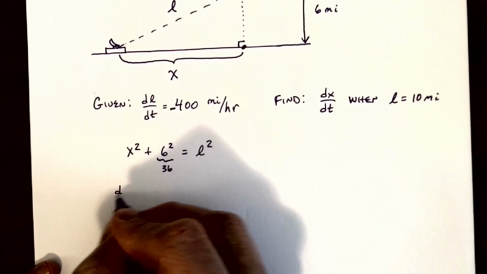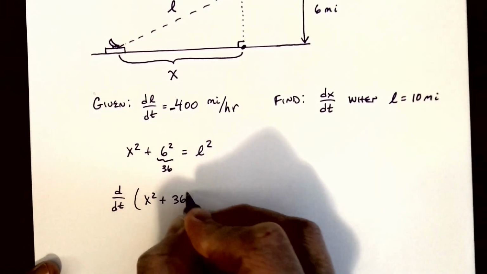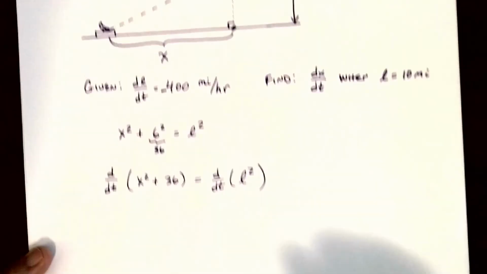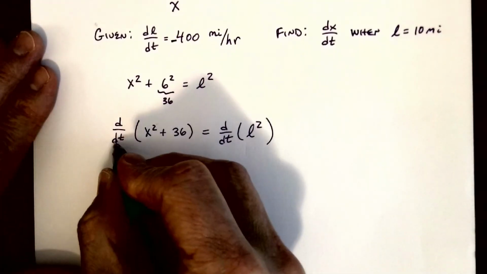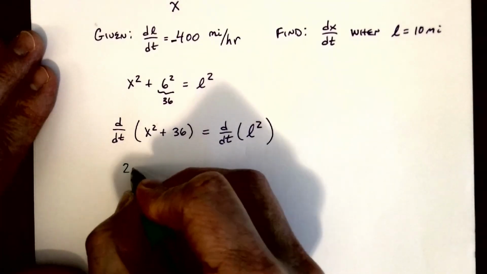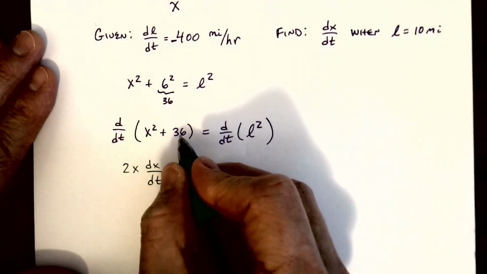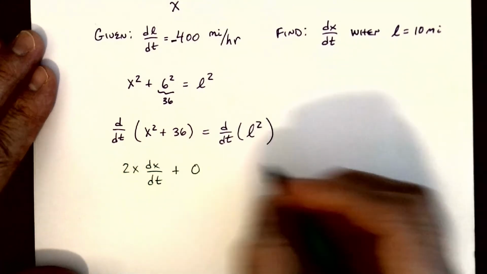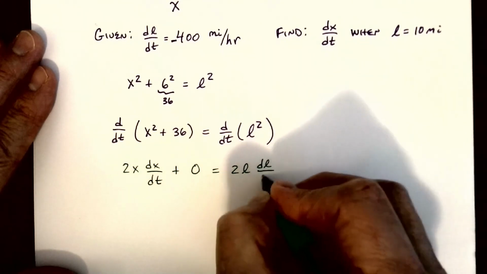So when I take the derivative with respect to time, we've seen this so much now, I think we know what happens. The derivative with respect to time of x squared is 2x times dx dt. What's the derivative with respect to time of 36? 0. It's a constant. And this is 2L dl dt.